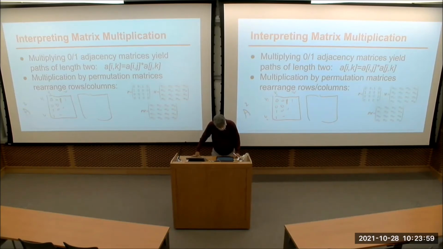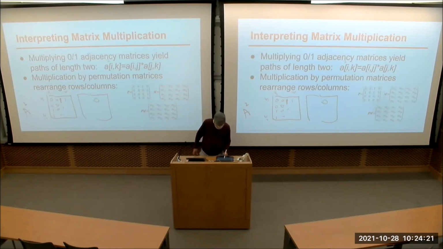It turns out that what you end up getting is a count at every element of the number of paths of length 2. Why is that? If we consider, let's say, A squared, what is ik going to mean?